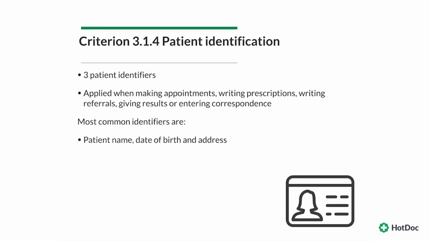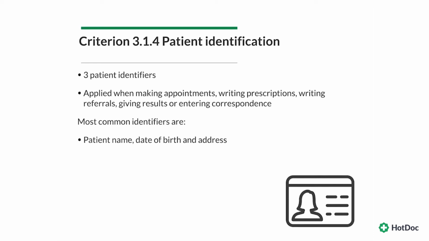So this should be applied when making appointments, writing prescriptions, writing referrals, giving results, or entering any correspondence, because those are the chances where, if we have a couple of patients with similar or even the same name, which happens, we could end up entering information in the wrong file, prescribing a script for the wrong patient, or giving private, critical health information to the wrong person.